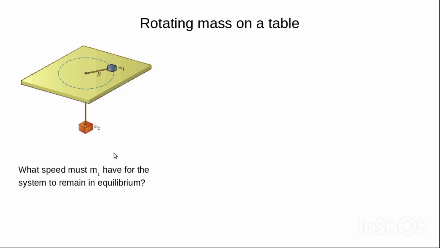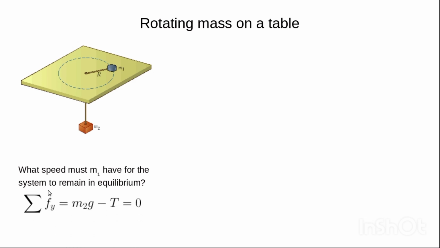So for us to calculate the speed, we must consider the equations for these two systems. Let's consider the first system, M2. For M2, there is a tension in this string acting against the weight of this mass, M2. So the sum of all the forces upward must be equal to the sum of all the forces downward. All the forces acting downward is just M2 times the weight, and the force acting upward is just the tension.